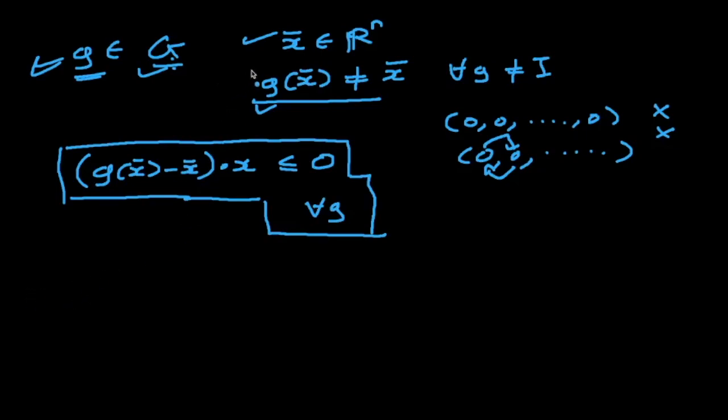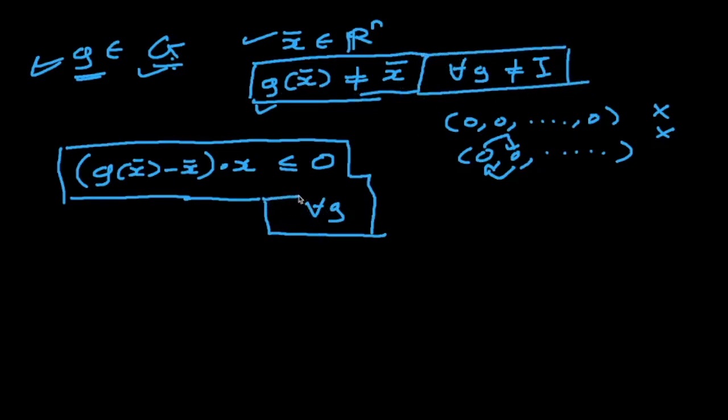So we can apparently drop this requirement where g of x bar is not equal to x bar for all g not equal to I, or we can also drop this requirement, like we can only use a subset of these inequalities, basically not all permutations under our symmetric group G, but only a small subset of the permutations.